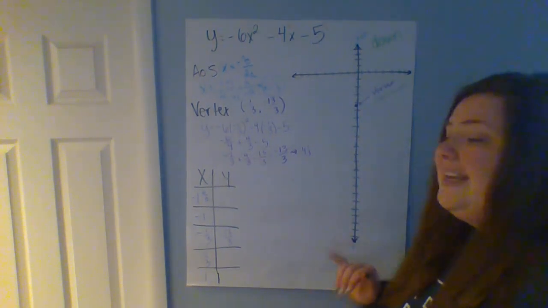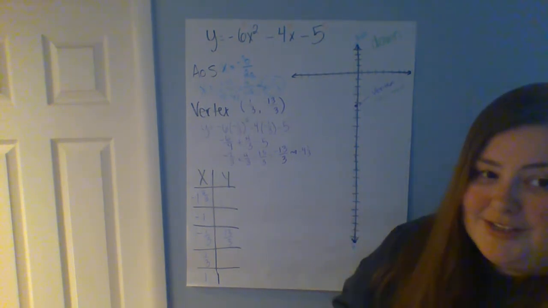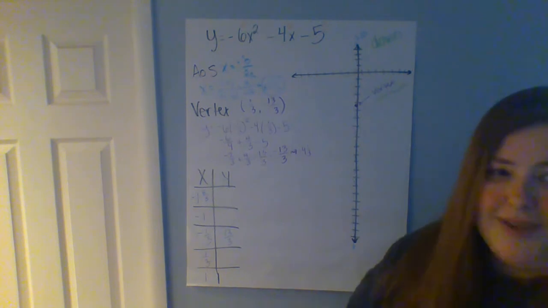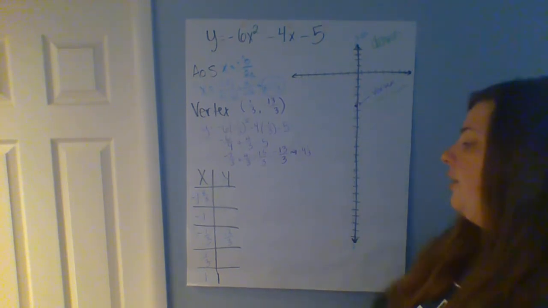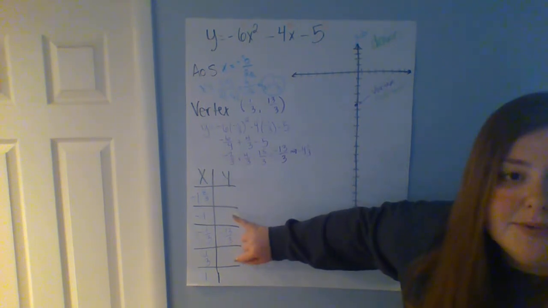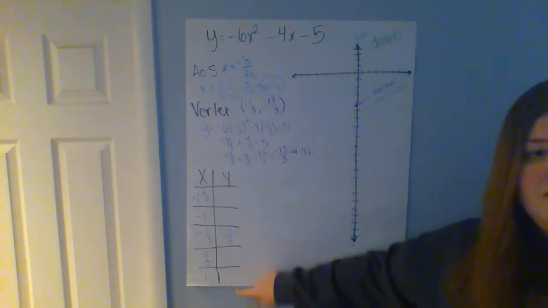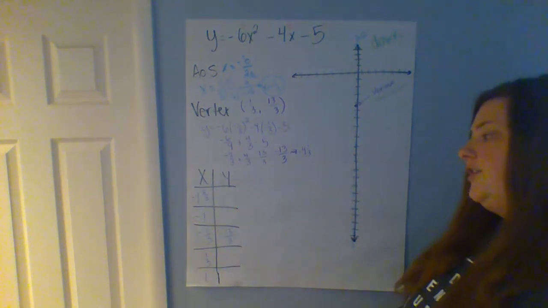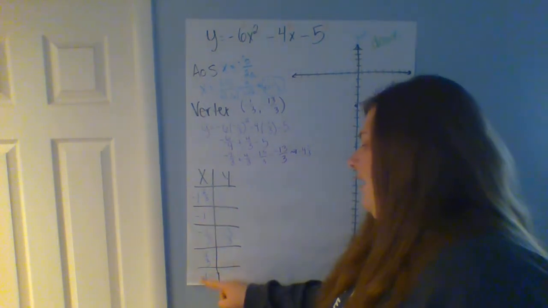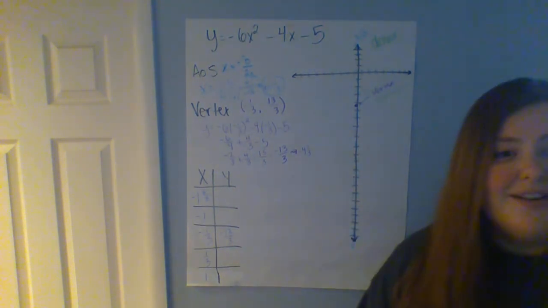Now, since we know that this is going to be symmetrical, I can now choose which points I solve for wisely to make it a little bit easier for myself. So we know that negative 1 and 1/3 are going to be the same in terms of y. And we know that negative 1 2/3 and 1 are going to be the same in terms of y. So I'm going to solve the negative 1 and the positive 1, and then I'll get those fractional ones based on the symmetry.